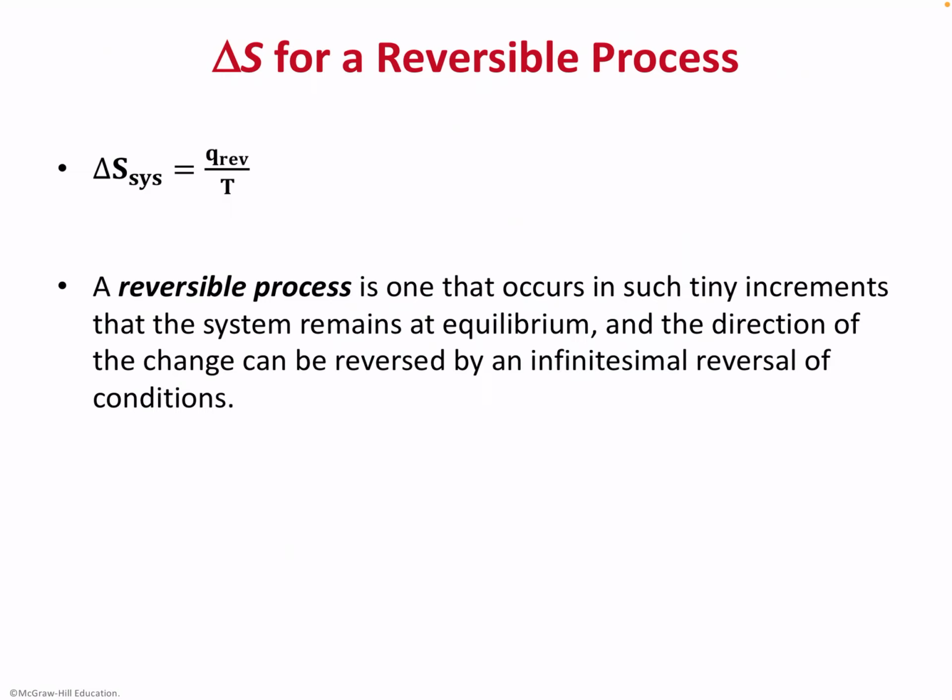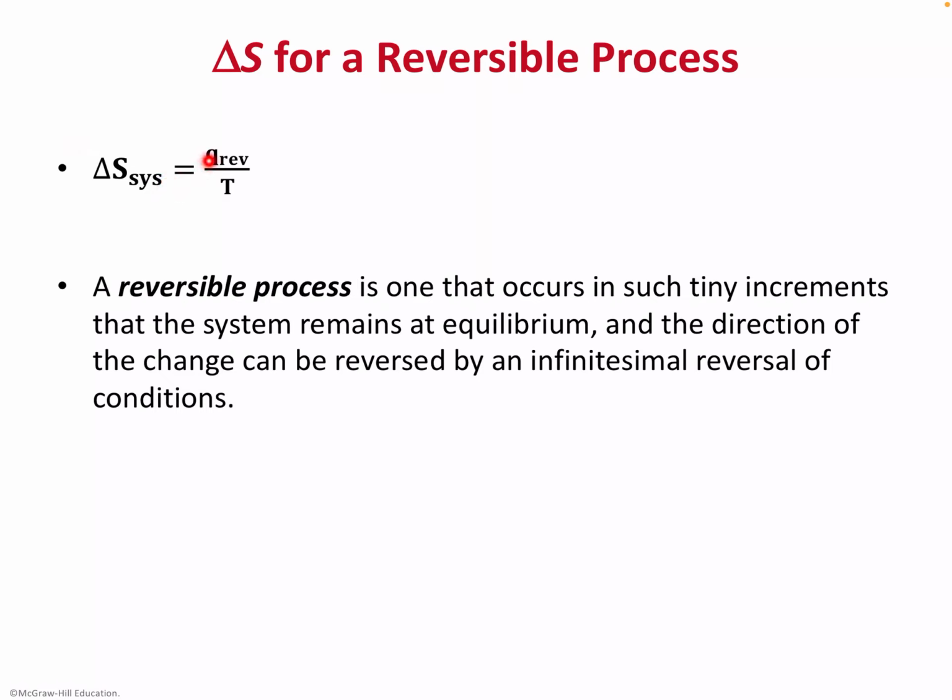Delta S for a reversible process. If you want to find out the delta S for a reversible process, we can use this equation: delta S system equals Q reversible over T, the temperature at which we want to find out the entropy.